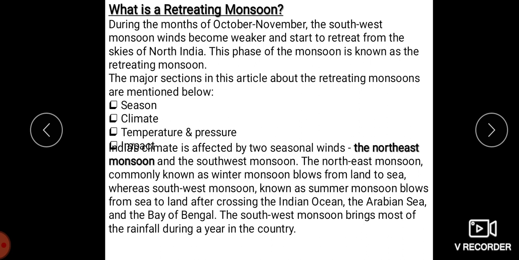This retreating monsoon is also known as the northeast monsoon season. Due to the decrease in the temperature, children, and increase in pressure, the winds blow from the northeast to the southwest. These winds are dry because they blow from the land. The winds which blow from the Bay of Bengal bring a little rain to the districts of the southern Maidan.